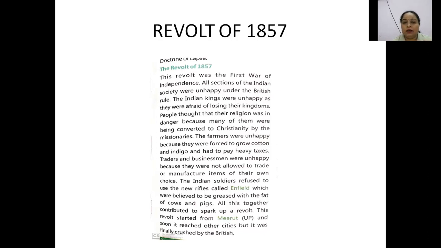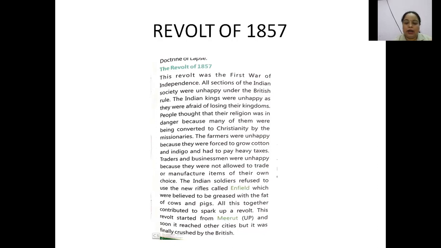Everybody knows what a gun or rifle is. That rifle has a cartridge. Cartridge means that which is inserted inside the gun, and then you have to shoot. That new gun is called the Enfield rifle.